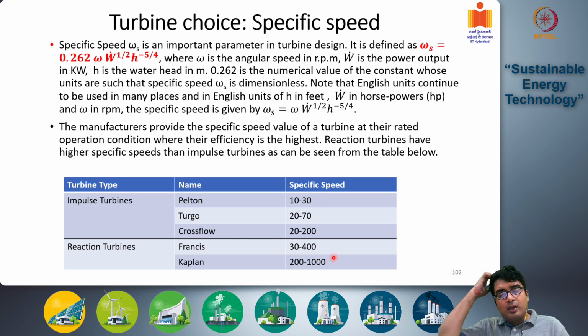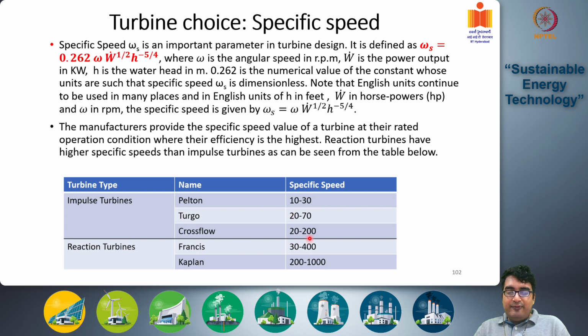Now, how do you use these? Suppose you know the head height of the river, and you know the power output you need, and somehow because of the generator aspect, you also know the omega value. So you can calculate the specific speed that you require for your case.